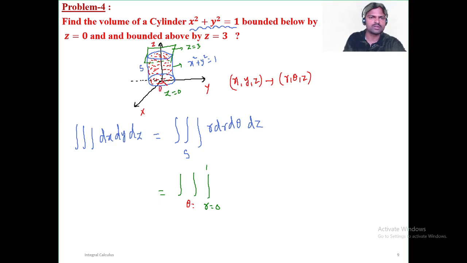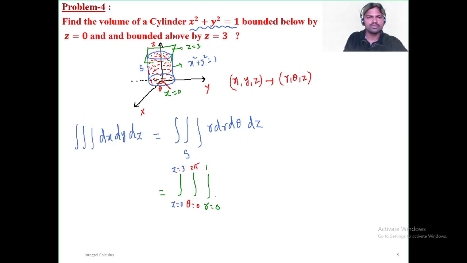The cylinder is present around the z axis, so a complete rotation is required, therefore 0 to 2 pi. The next variable is z, which varies vertically from z equals 0 to z equals 3.